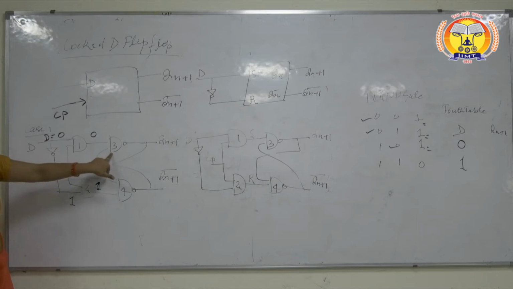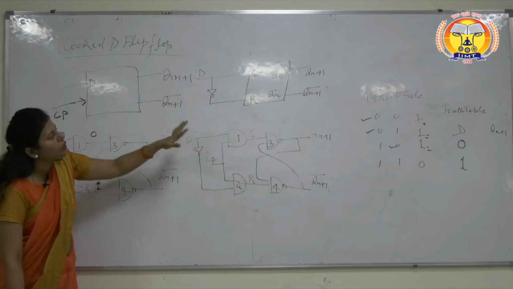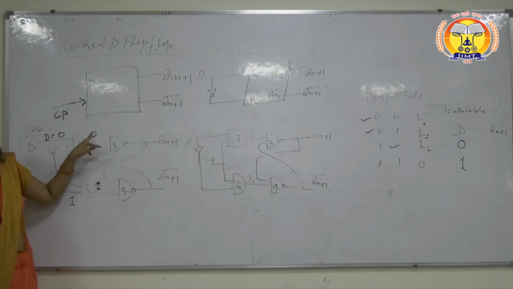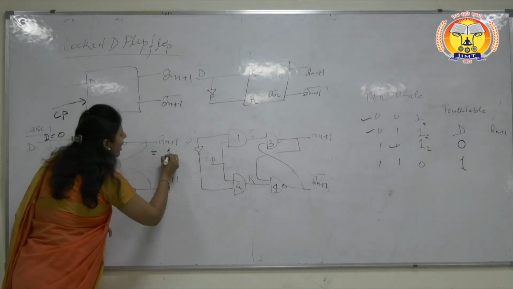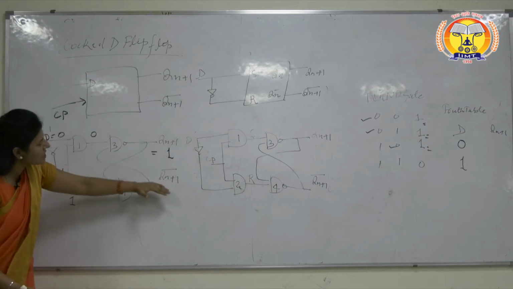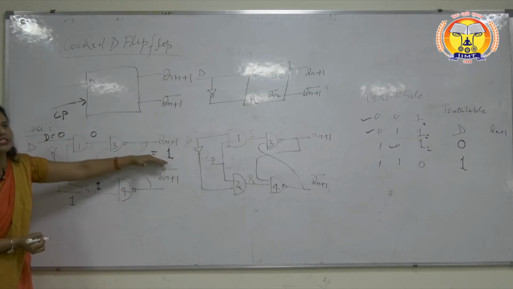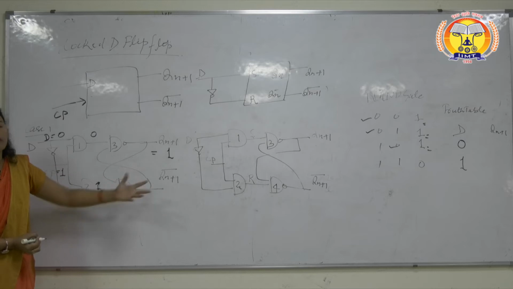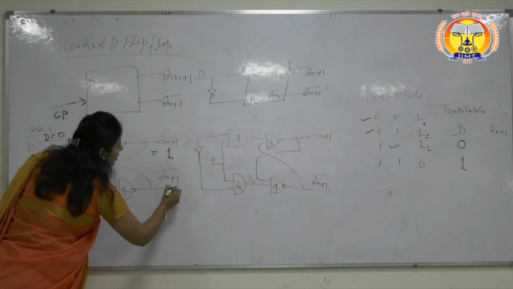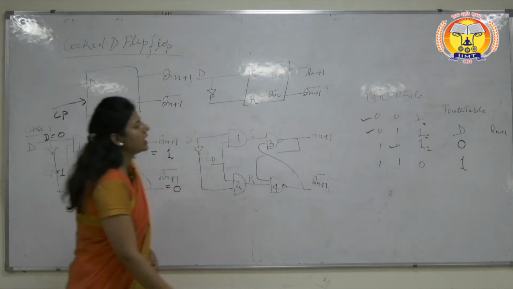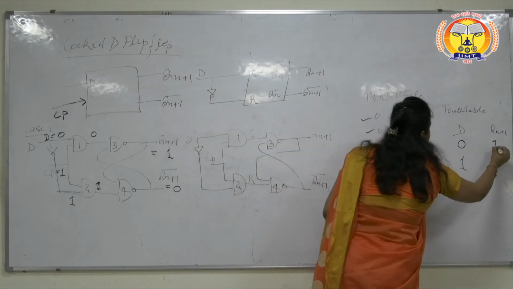So for gate number 3, which is a NAND gate, one input is 0. I already told you that if one input is 0, then output will become 1. And Qn plus 1 bar, if Qn plus 1 is equal to 1, then Qn plus 1 bar will be the opposite of this, that is equal to 0. So under this condition, output will become 1.